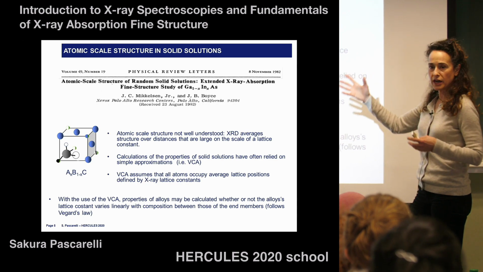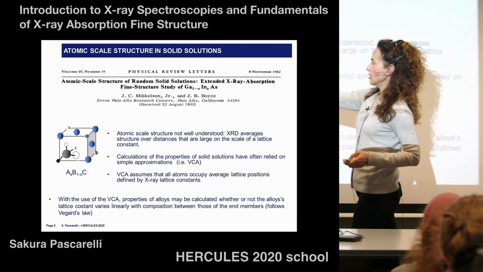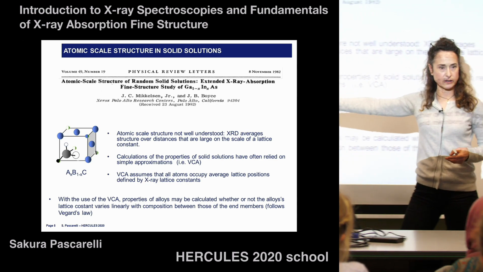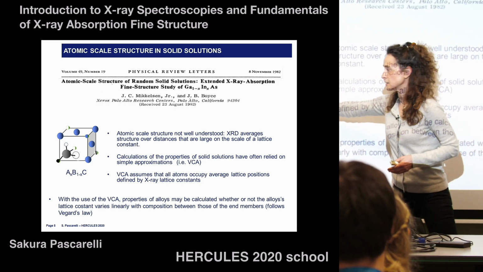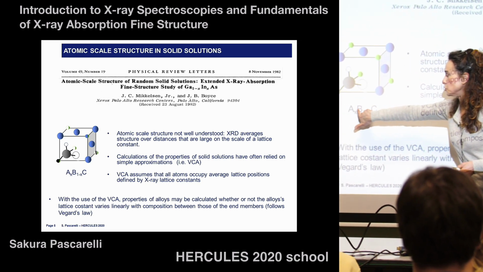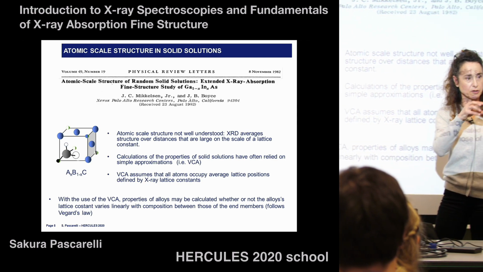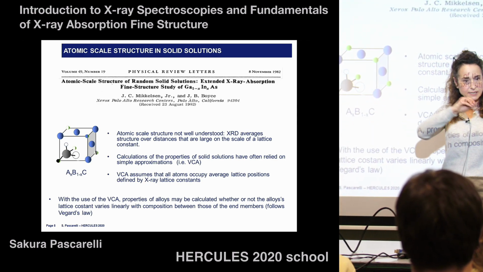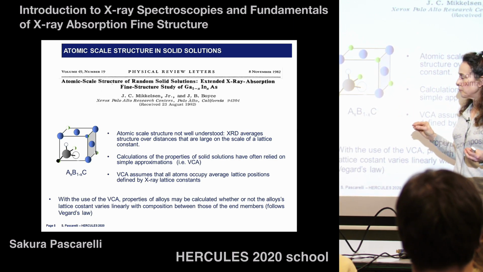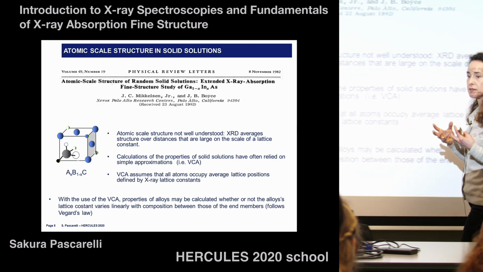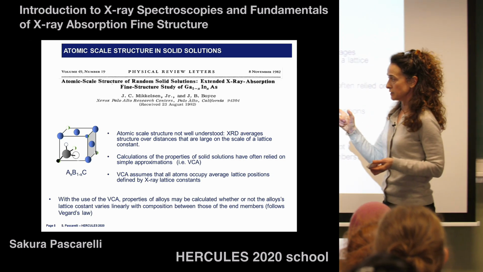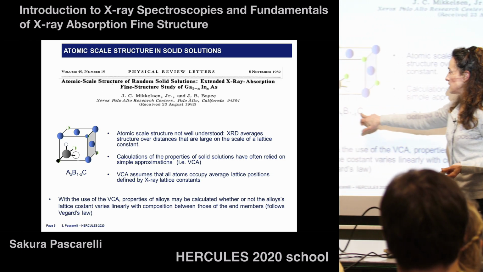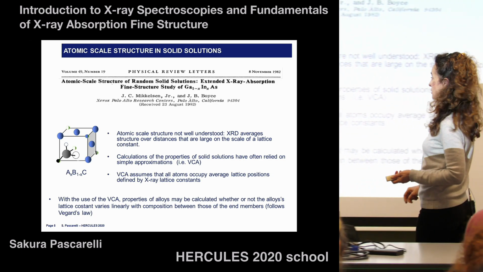So you could do diffraction, and you could measure the lattice constant of these systems. And when you changed x, going from AC to BC, you could see that the lattice parameter was also going from the lattice parameter of AC to that of BC. So it was more or less linear. But people wanted to know the near neighbor distances, between A and C and B and C, and that they couldn't measure with diffraction.